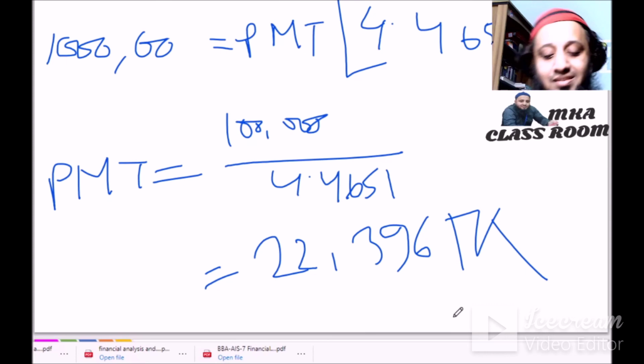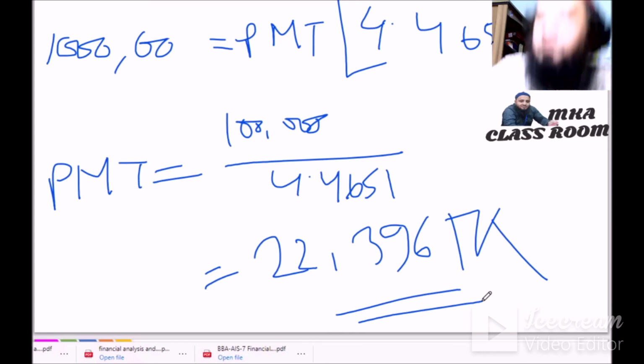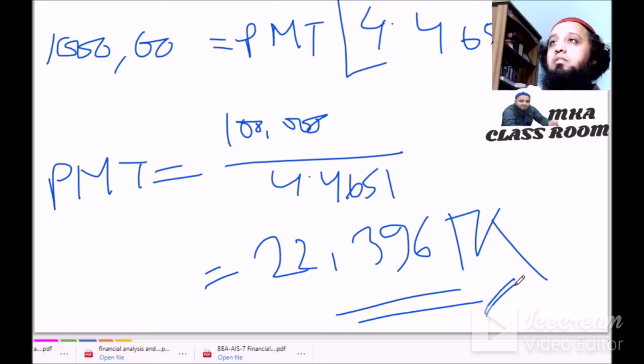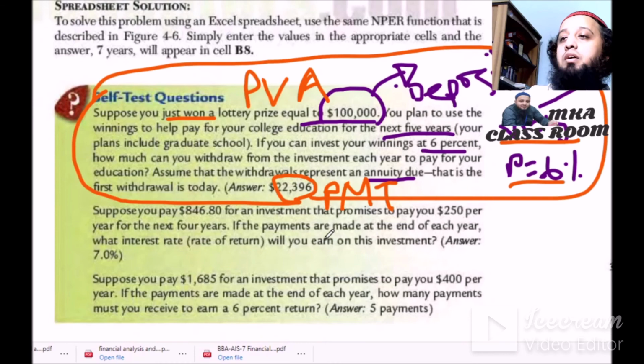So you can write down 22,396 taka. That is our desired installment that you can withdraw from your bank each year through 5 years for your educational period. 22,396 taka. So that is our payment.